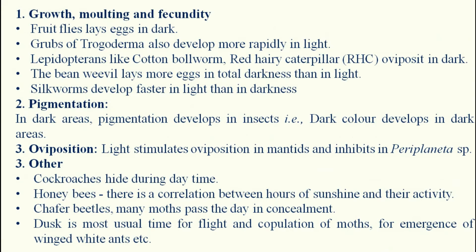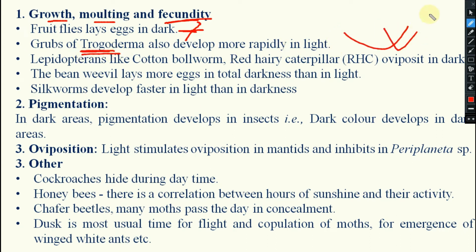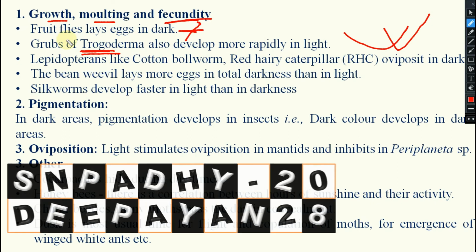How does light affect insects? First, it affects growth, molting and fecundity. How? Fruit flies lay eggs in dark time. Grubs of Trogoderma, that is the copra beetle, develop more rapidly in light, yes or no?